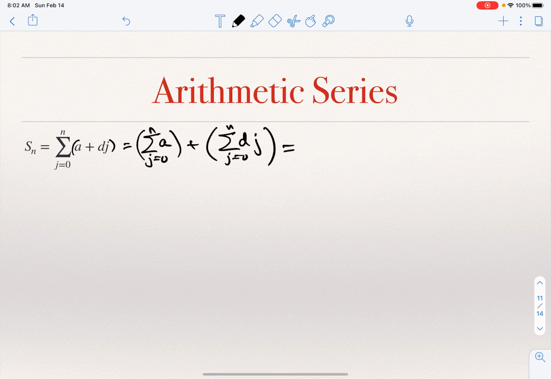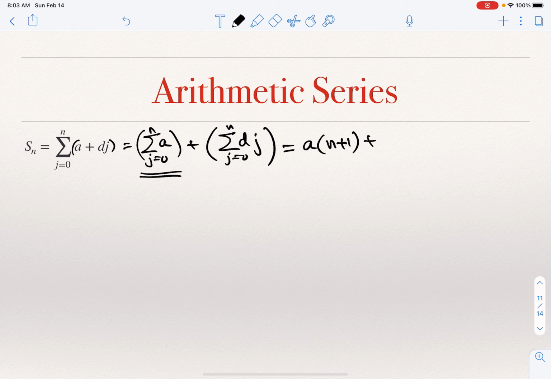Now, the first term here, we are saying add a, n plus 1 times, right? Why is it n plus 1? Because j goes from 0 to n. So this gives us a times n plus 1.